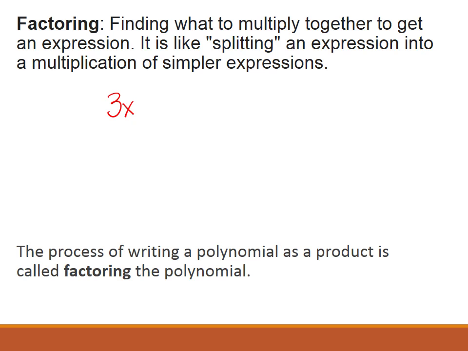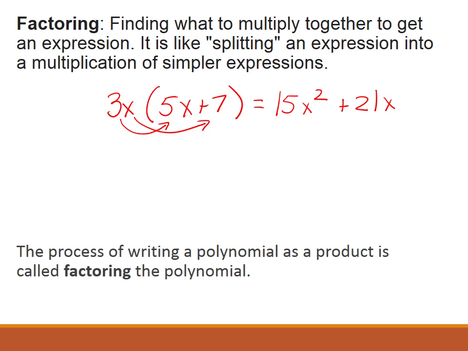For instance, if you have 3x times 5x plus 7, you know by the distributive property to take 3x times 5x, that's equal to 15x squared, and 3x times 7 is equal to 21x.